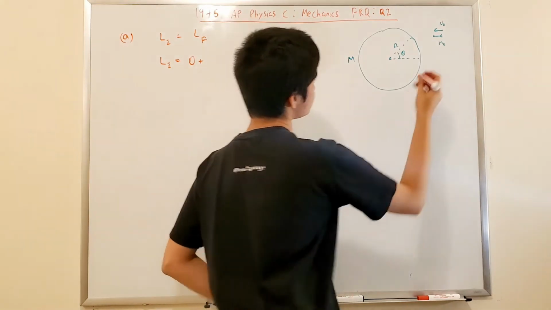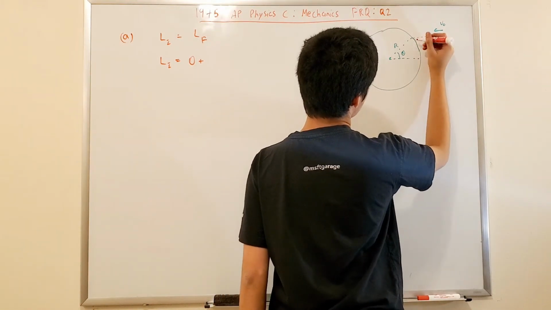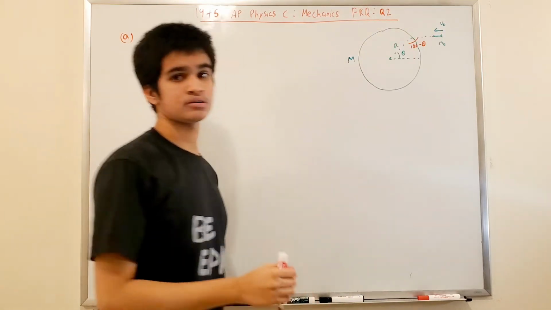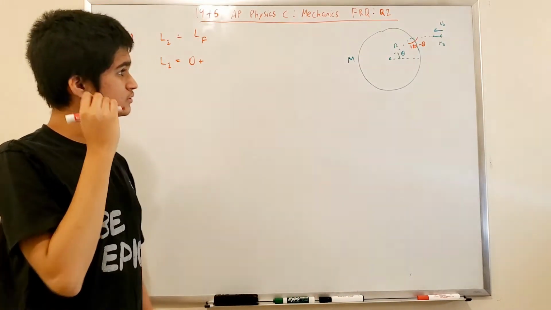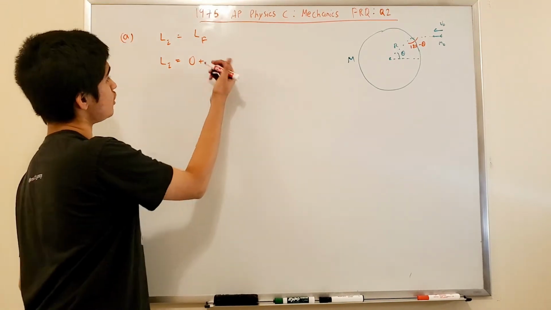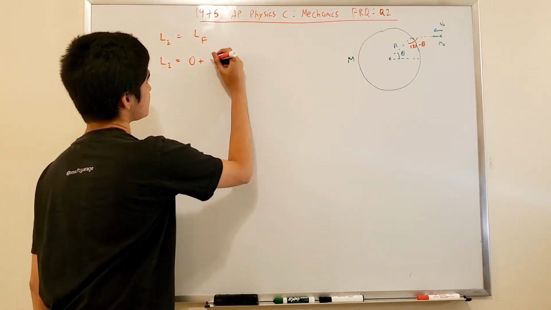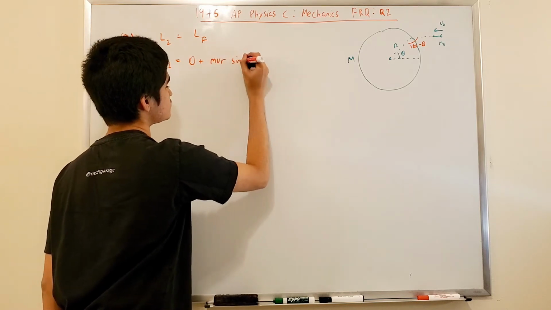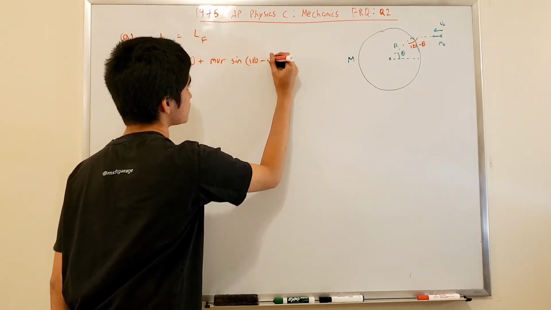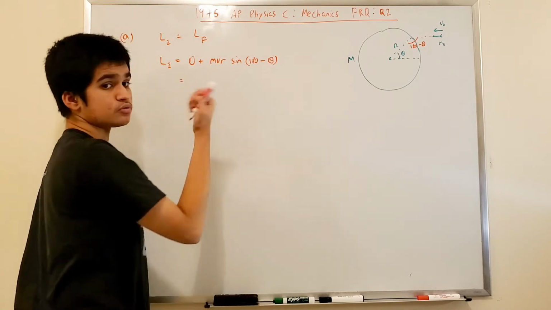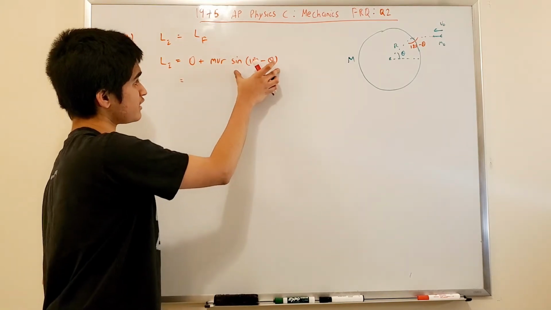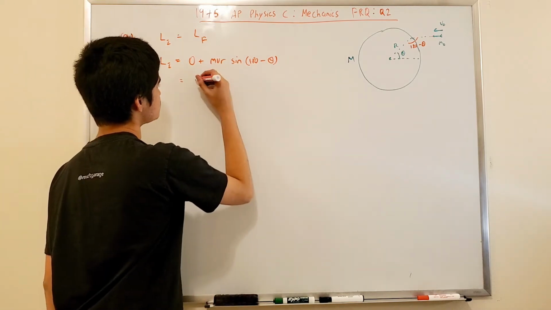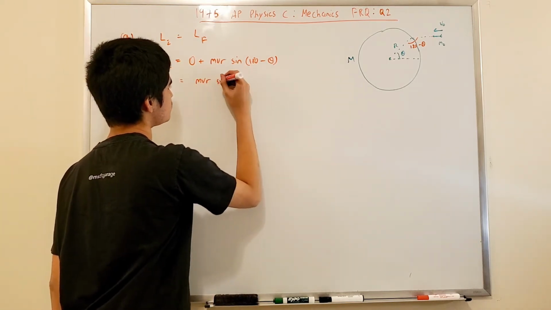Notice over here that our angle is going to be 180 minus theta. So the angular momentum of our bullet is mvr sine of 180 minus theta, and from our trig identities, sine of 180 minus theta is just sine theta. So this becomes mvr sine theta.